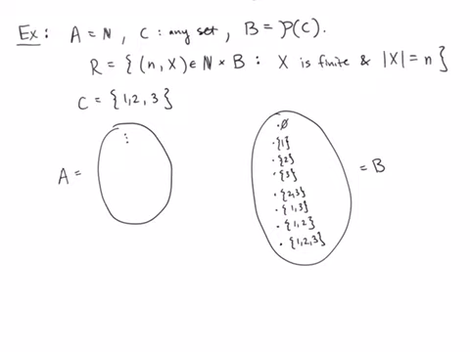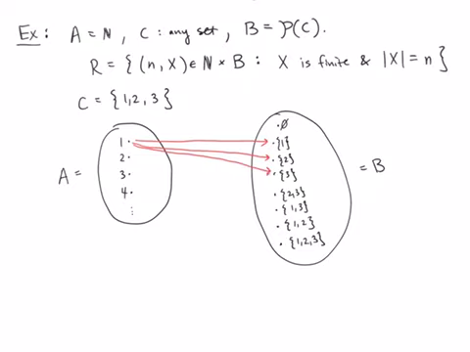And then we can fill in a few things in our set A. So you have 1, 2, 3, 4, etc. And now we can map out this relation with a diagram. So the integer 1 goes to every subset which has one thing in it, and there's 3 of those.